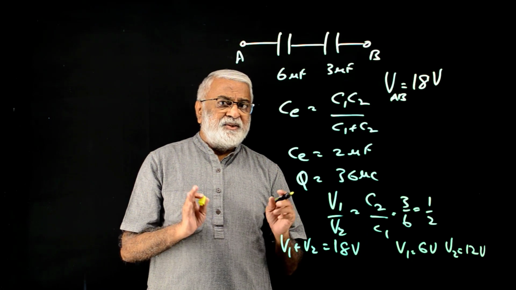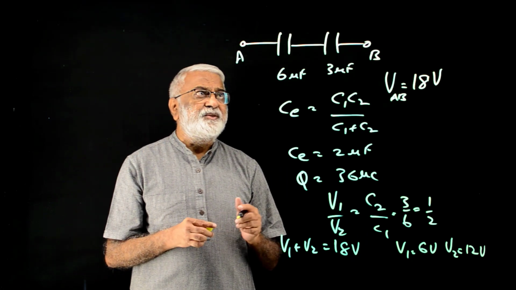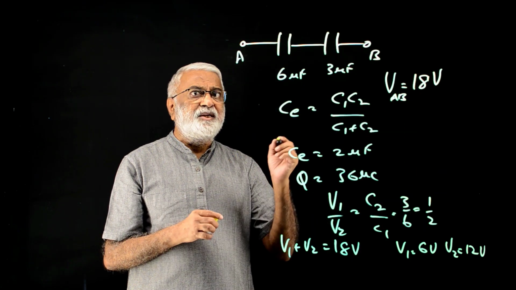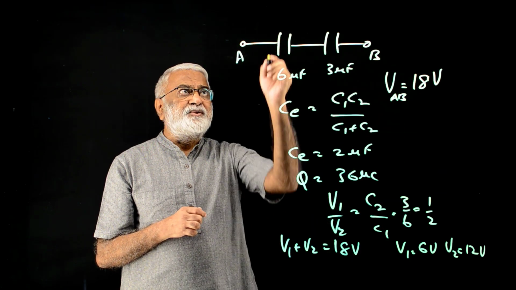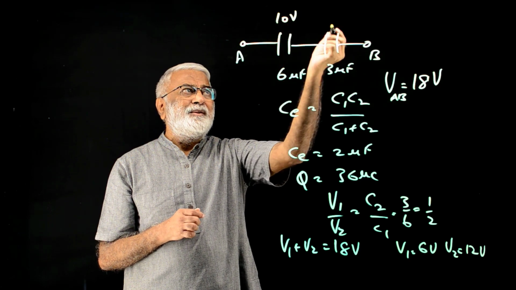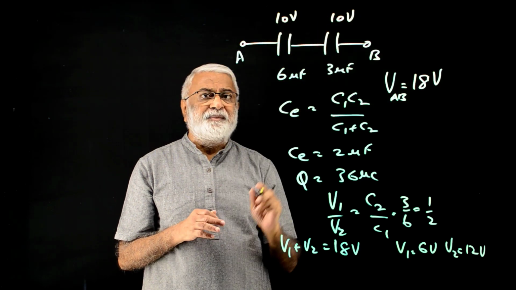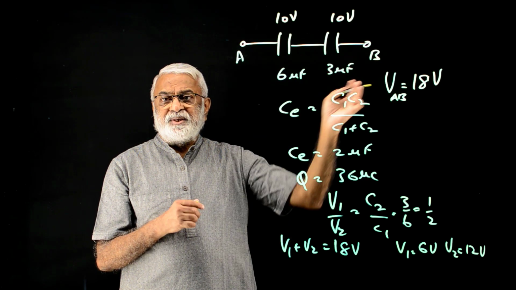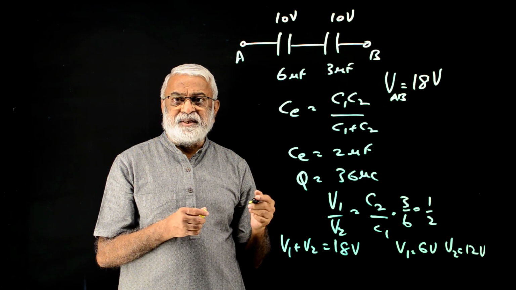So one other nice calculation you can do here. Suppose, forget this for a moment, suppose the breakdown voltage of this capacitor is 10 volt and this also is 10 volt. What is the maximum potential difference you can apply to the series combination without either of them breaking down?